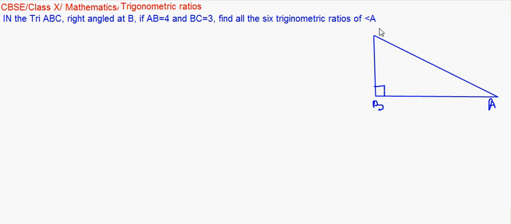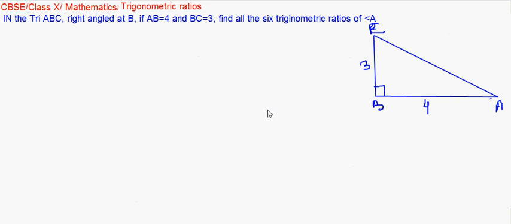BC is given to be 3, AB is given to be 4.